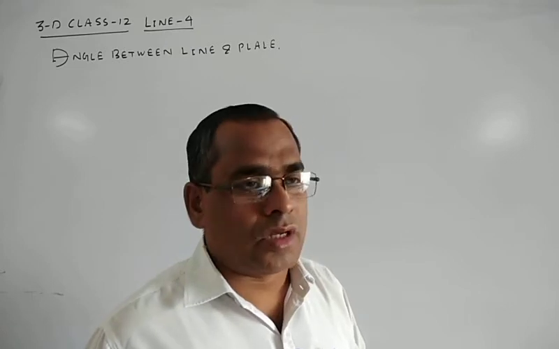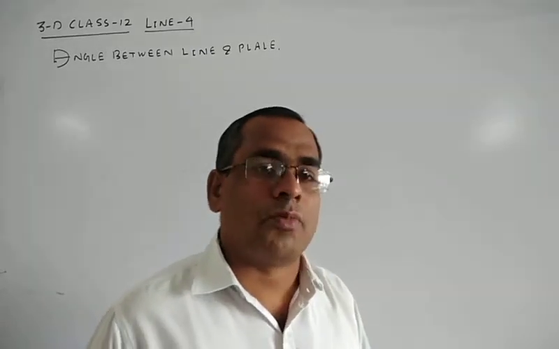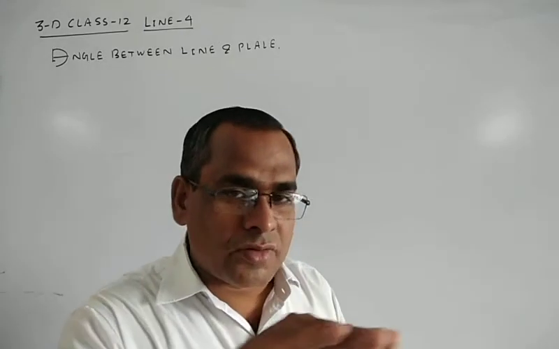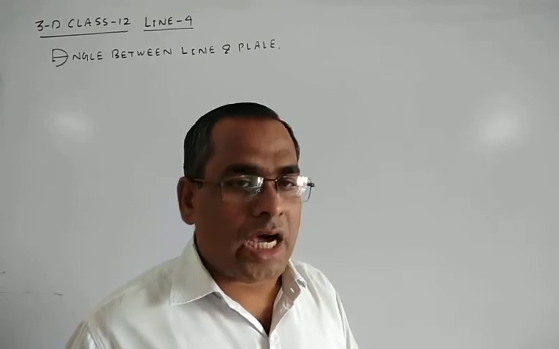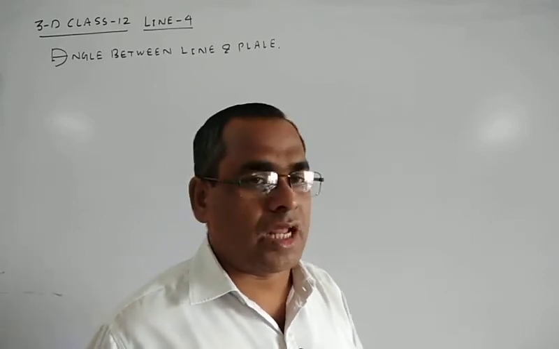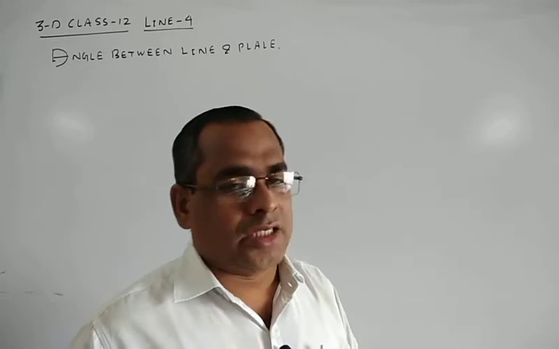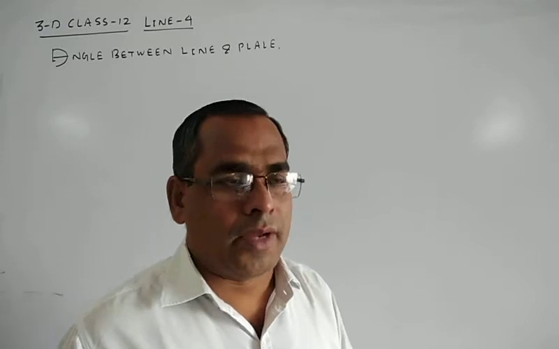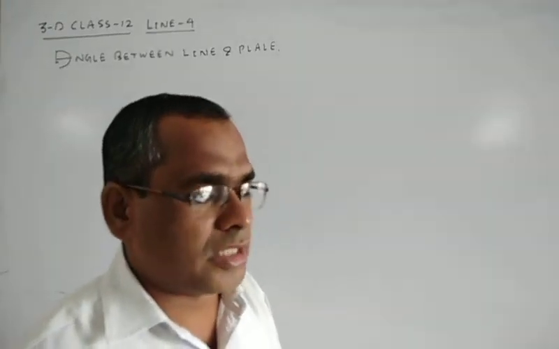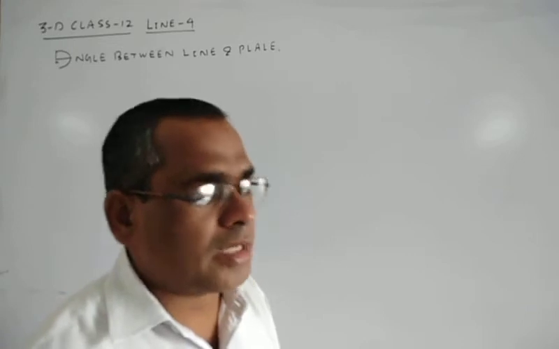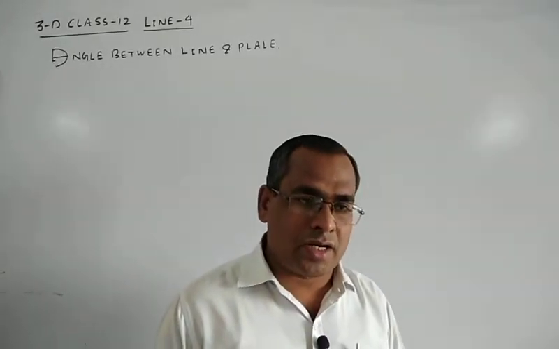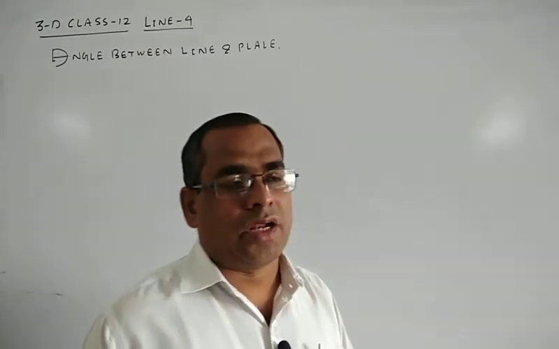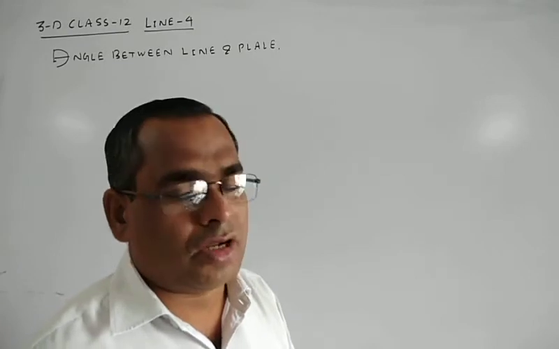The equation of a line in vector form passing through a point whose position vector is a vector and parallel to b vector is r vector equal to a vector plus lambda times b vector, and in Cartesian form it is (x minus x1)/a equal to (y minus y1)/b equal to (z minus z1)/c. The vector form of the plane is r vector dot n vector equal to d, where d equal to a vector dot n vector.